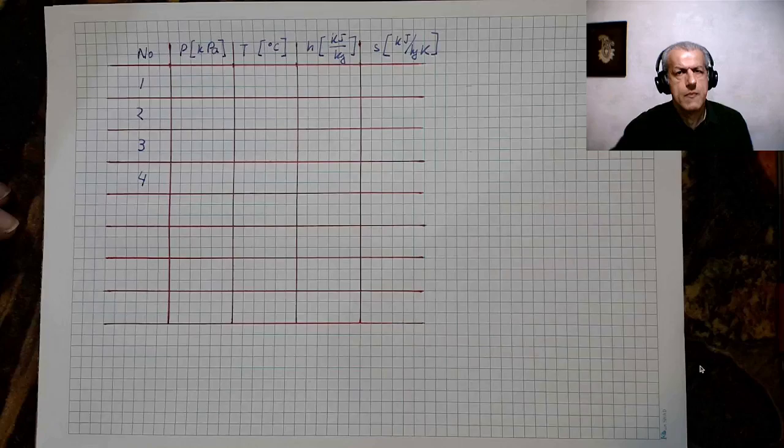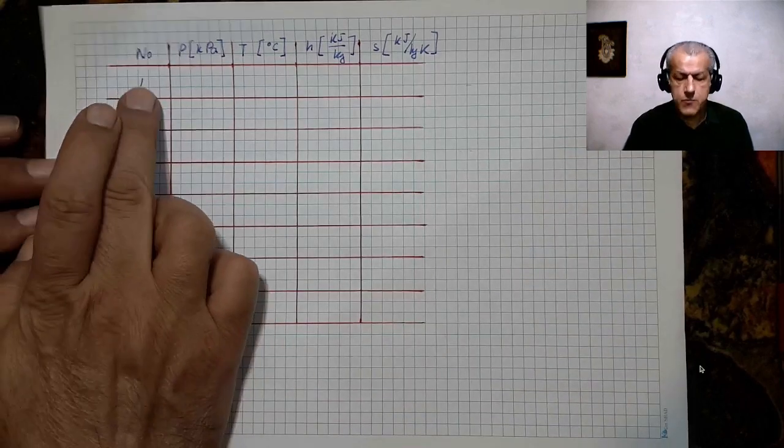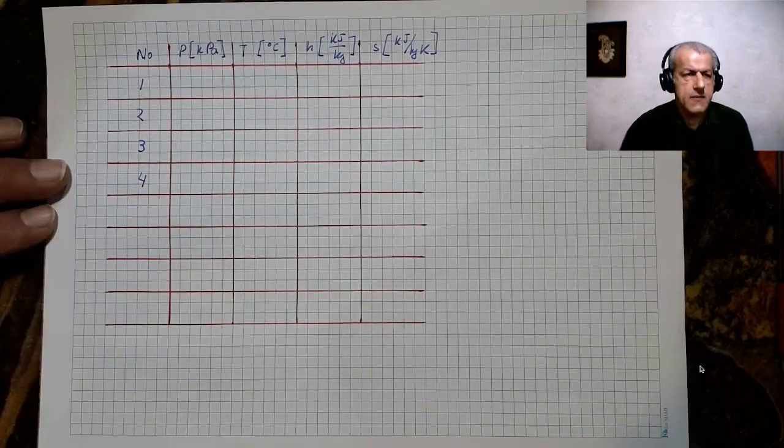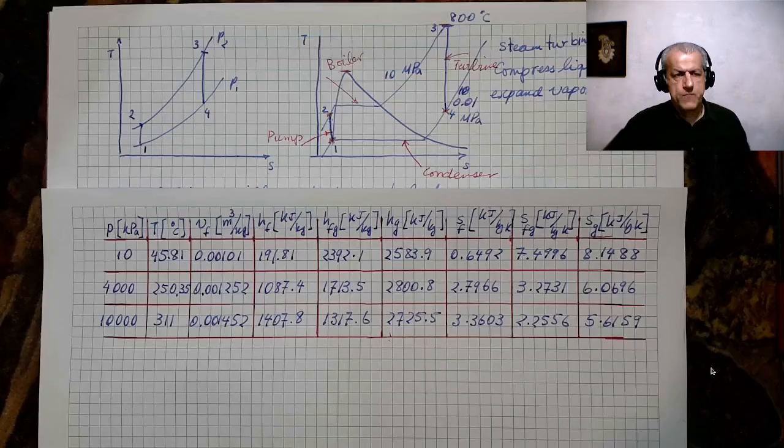Now, when we work with cycles, it's a very good job to draw a table and in that table specify different points of the cycle and their key properties. In order to find all properties, what we do need is the steam table.